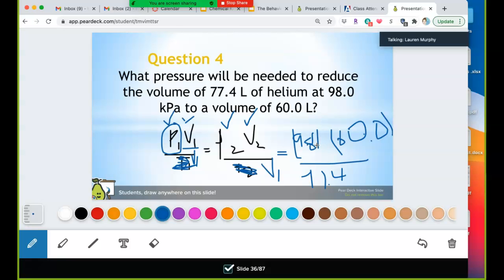So 98, this is a parentheses, times 60 divided by 77.4. And look at this, this is liters, right?